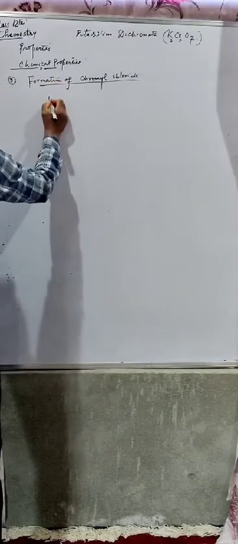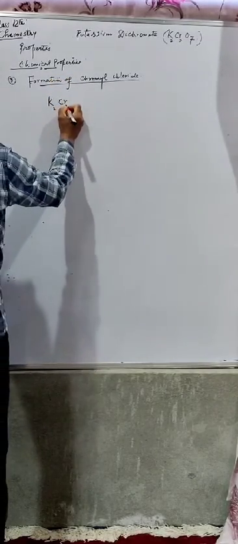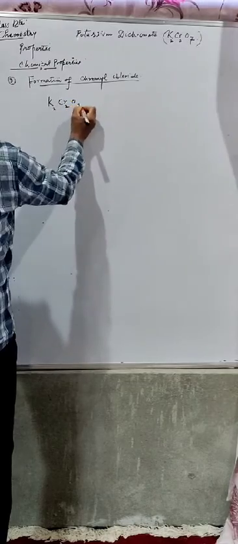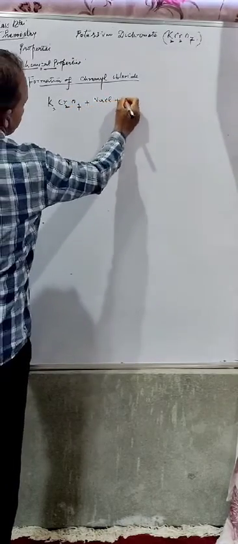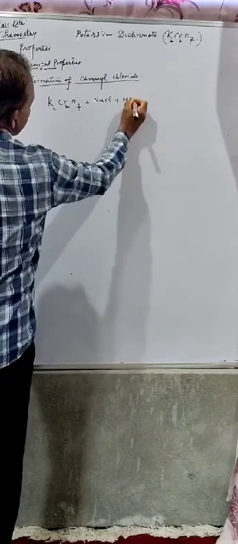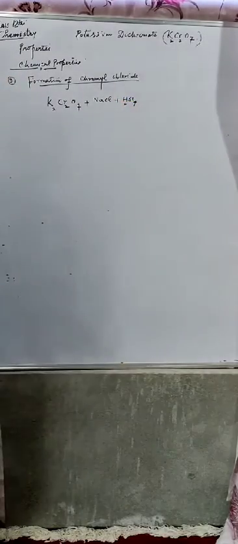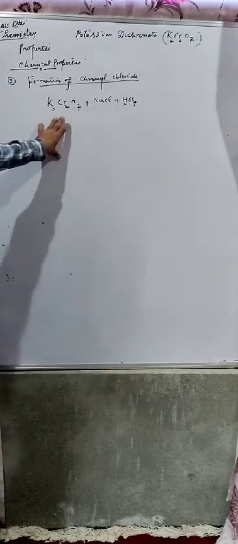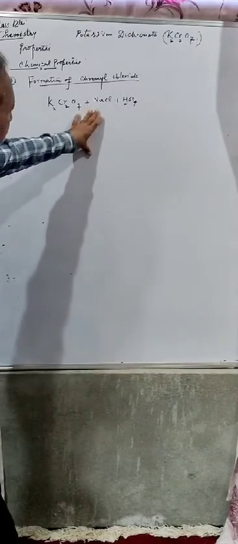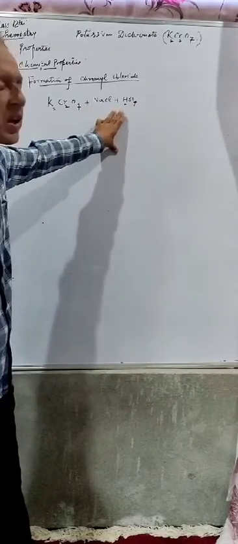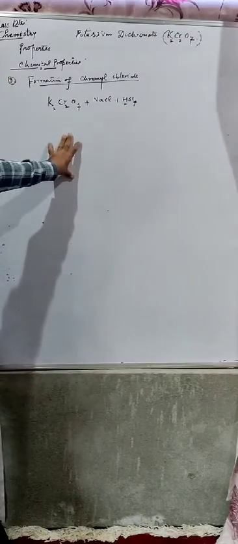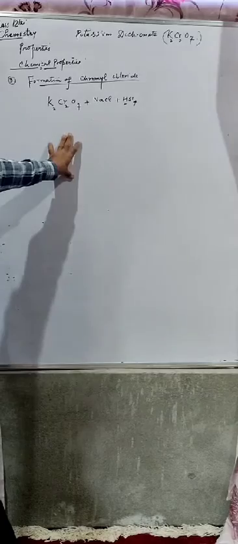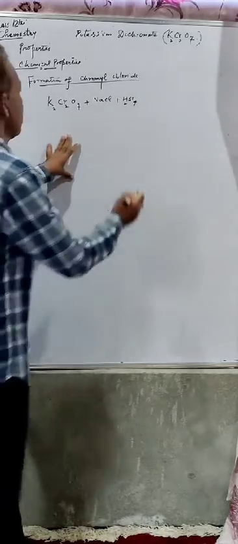When potassium dichromate is heated with NaCl in presence of H2SO4, red vapors of chromyl chloride are liberated.